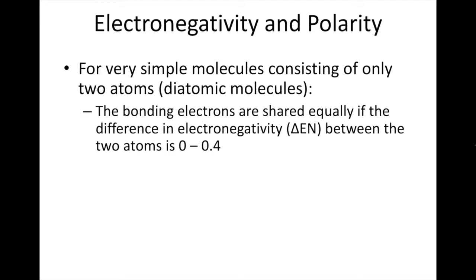Here we're talking about very simple molecules consisting of only two atoms. For more complicated molecules with more than two atoms, we have to look at them a little differently. For simple molecules with just two atoms, the bonding electrons are shared equally if the difference in electronegativity is between 0 and 0.4.